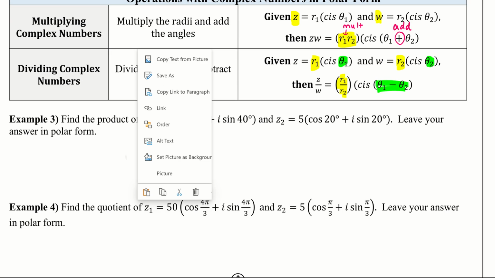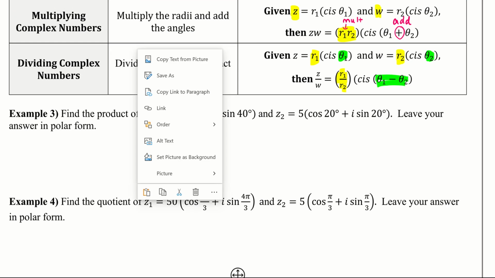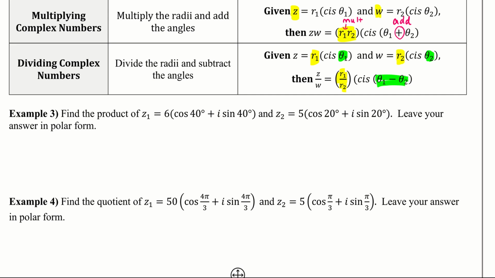So example 3, we want to find the product. Z sub 1 is 6 cis 40. Z sub 2 is 5 cis 20. So if I want to find the product of z sub 1 times z sub 2, I'm going to take the radii of 6 and 5 and multiply them together.